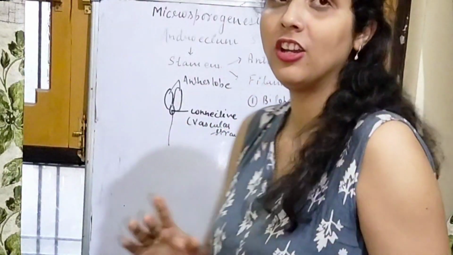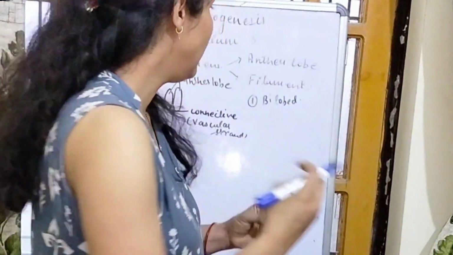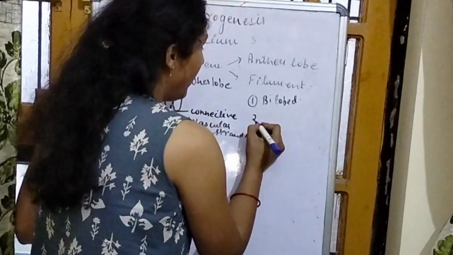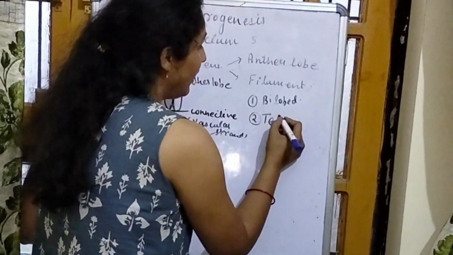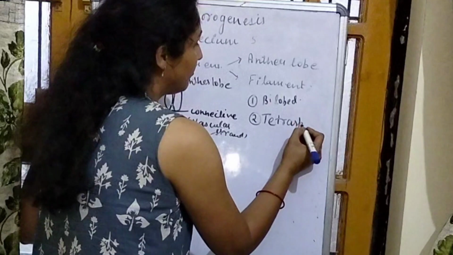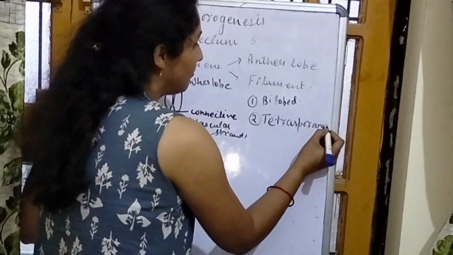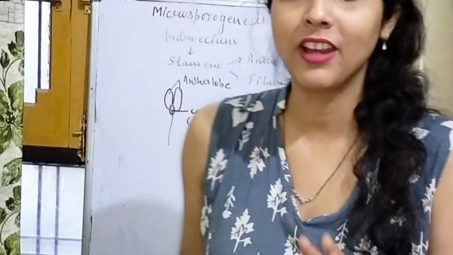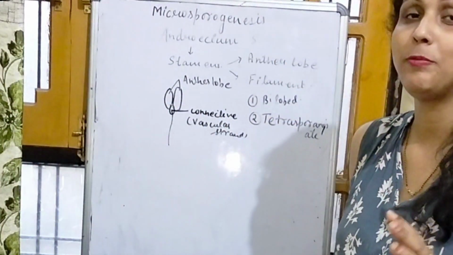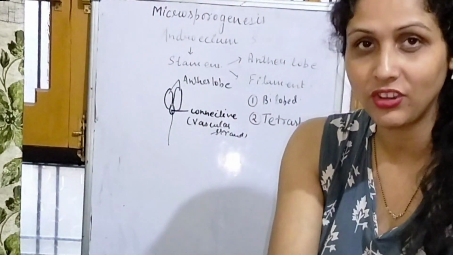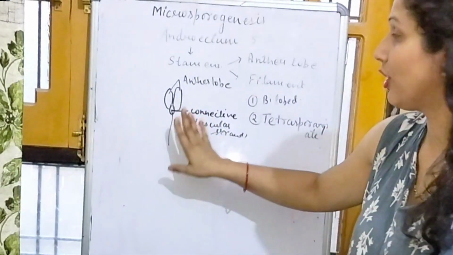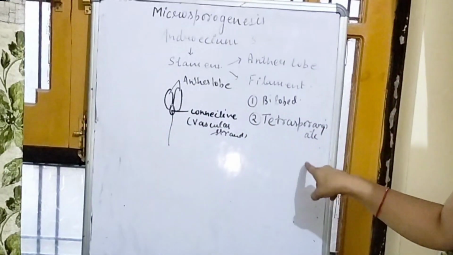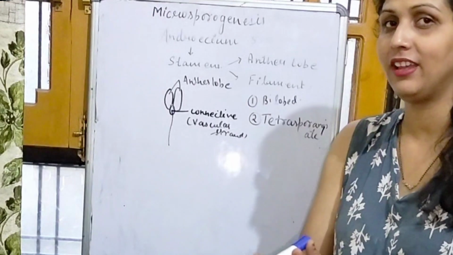The second term to define anther is tetrasporangiate. Tetra means 4 and sporangiate means sporangia, so if there are 4 sporangia inside the anther lobe, that is called tetrasporangiate. That we will see later in the diagram.